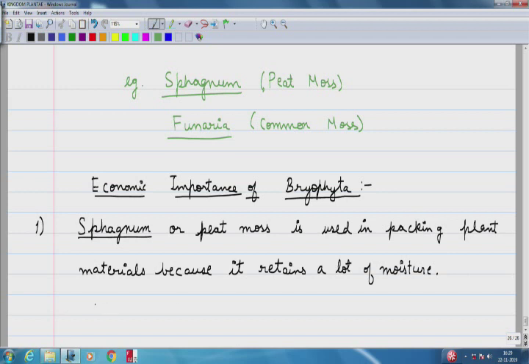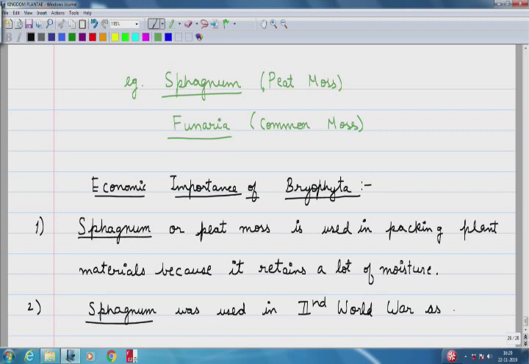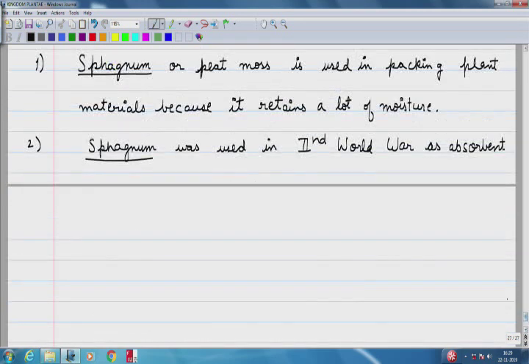Sphagnum was also used in the Second World War as an absorbent in place of cotton, because cotton was in great shortage.